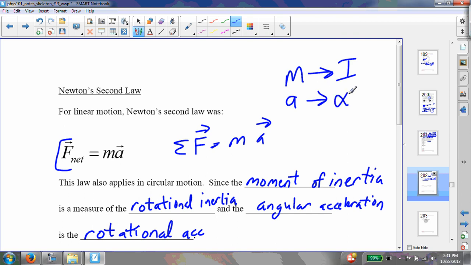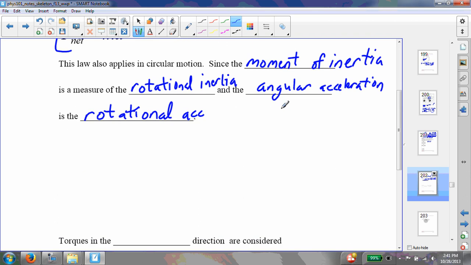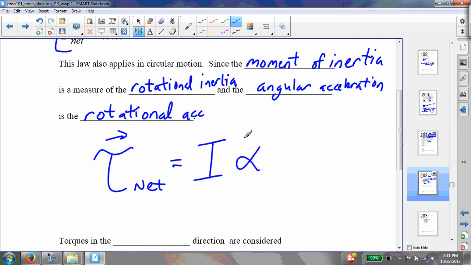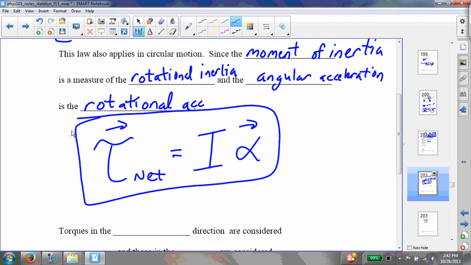So it shouldn't be a huge step for you to say that before we had F equals ma, now we're going to have the net torque, the vector quantity, equal not mass times acceleration, but moment of inertia times angular acceleration. This is Newton's second law in a rotational frame when we have something moving in a circular path.